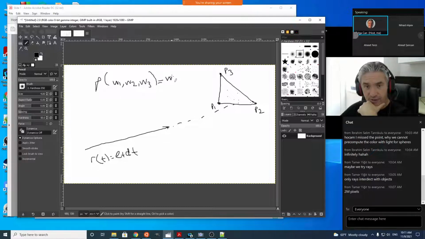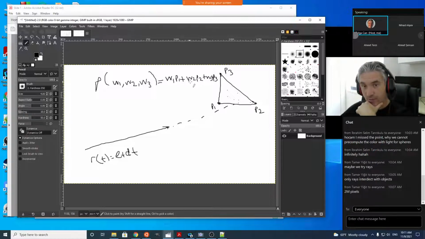It's nothing but a weighted average of its 3 corners. That's an interesting way to look at a triangle: any point on the surface is a weighted average of its corners.